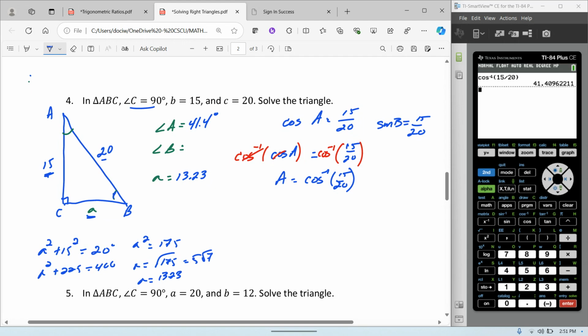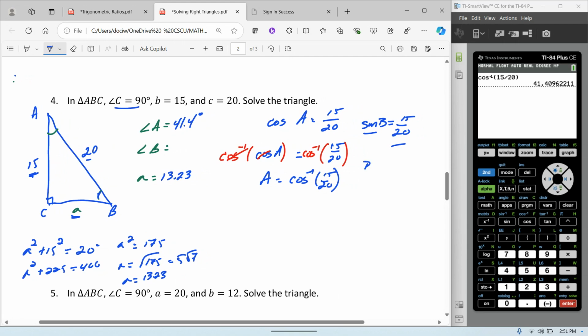Okay. If I would have done the same thing using the sine of B equals 15 over 20, I would say that B is the inverse sine of 15 over 20. So the inverse sine of 15 over 20 would be 48.6 degrees.